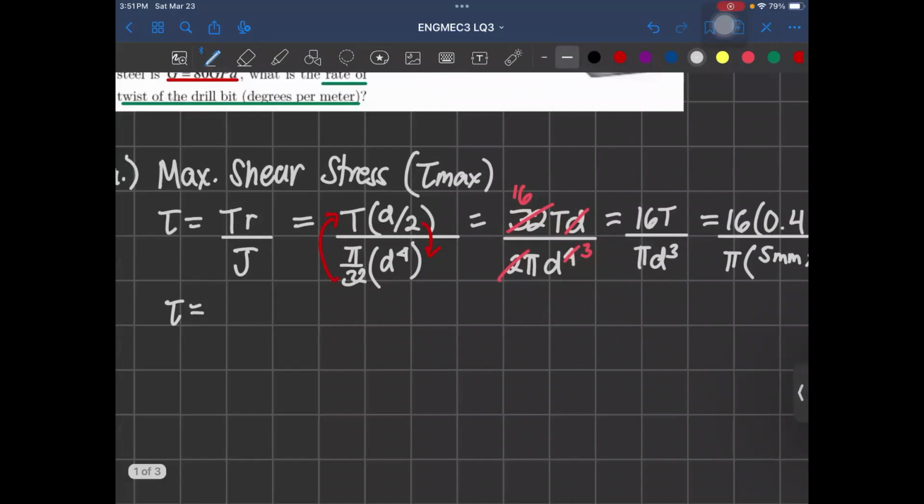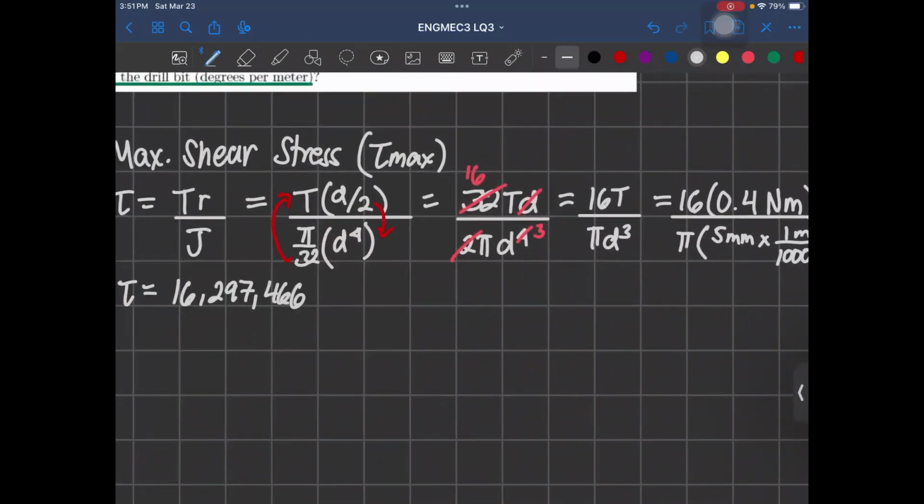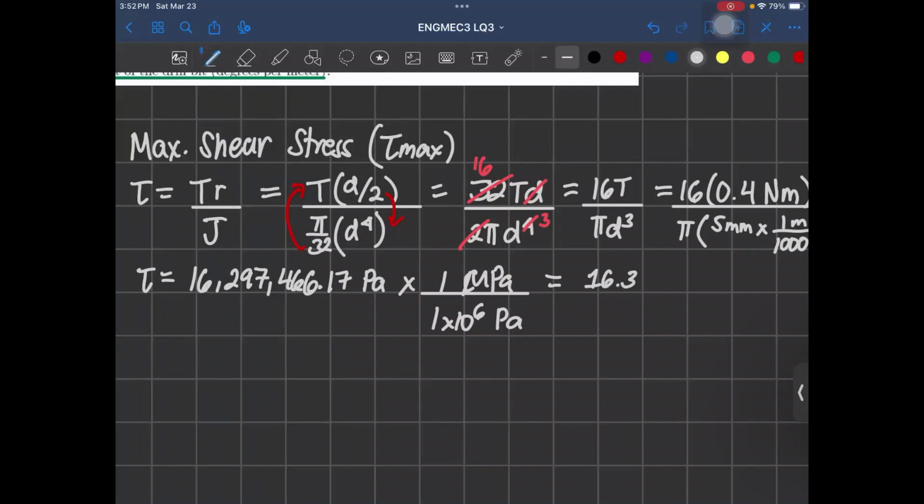So 16,297,466.17 pascals times 1 megapascal over 1 times 10 to the 6th pascal. This would be 16.297, which is rounded off to 16.30. So the final answer would be 16.30 megapascals. This is for the first item.